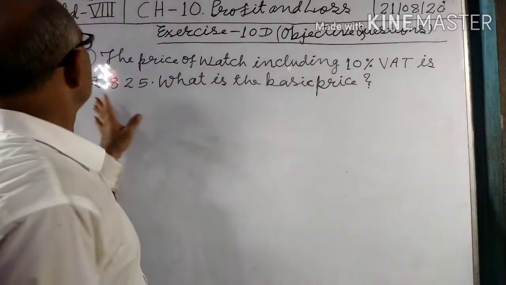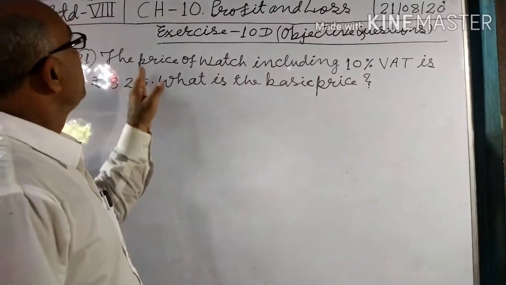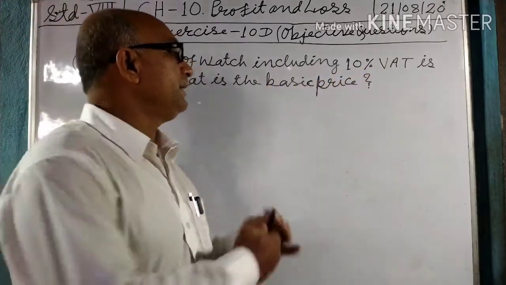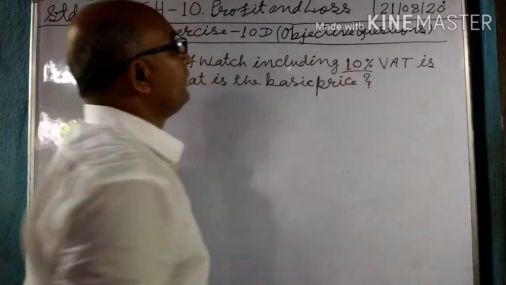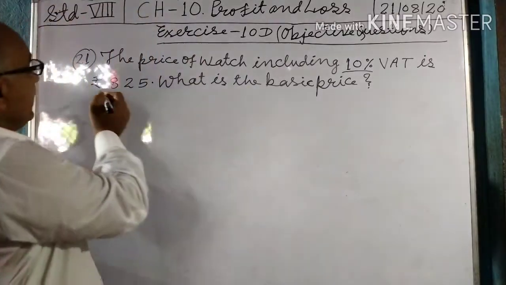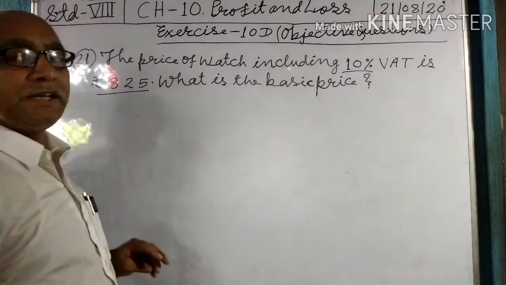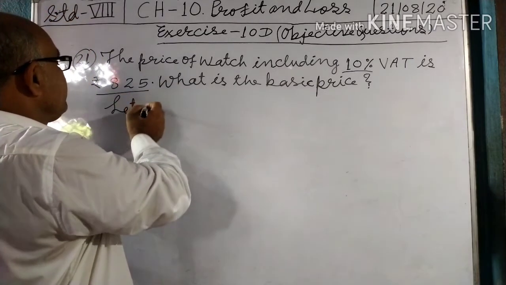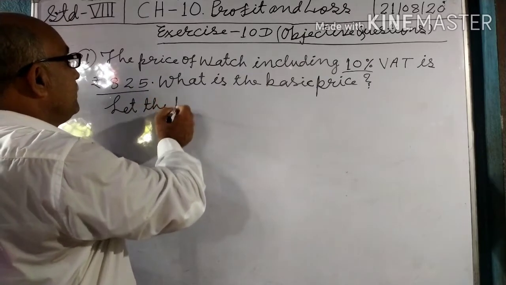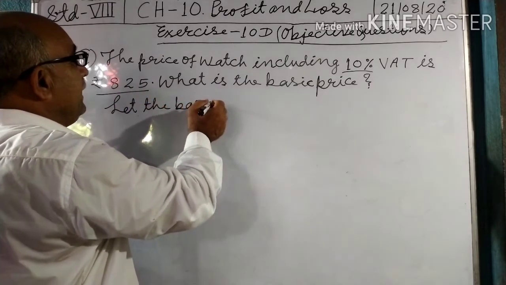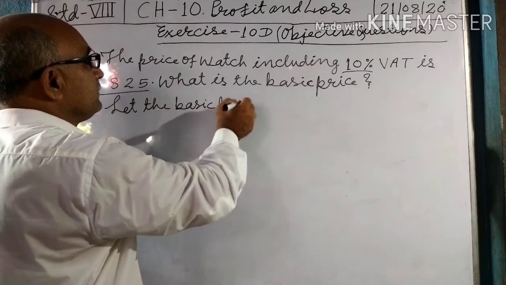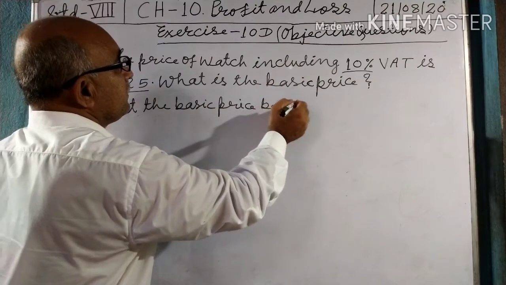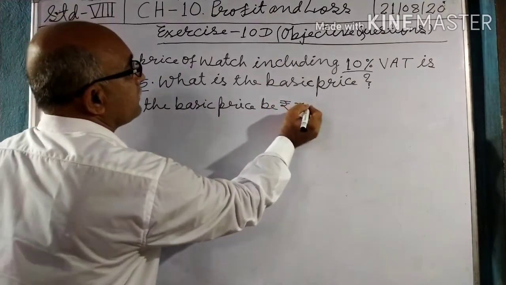Students, next question is question number 21. The price of a watch including 10% VAT is rupees 825. What is the basic price of the watch? So let the basic price be rupees x.